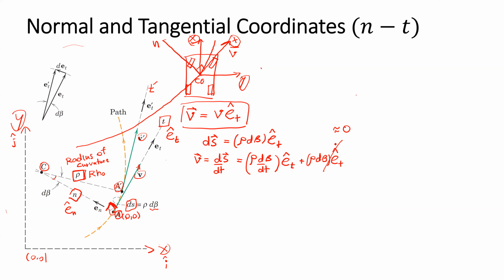But we're going to write the velocity vector as the product of the radius of curvature multiplied by the angular speed.